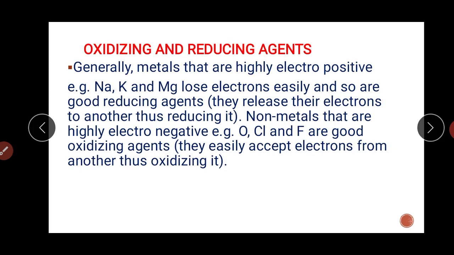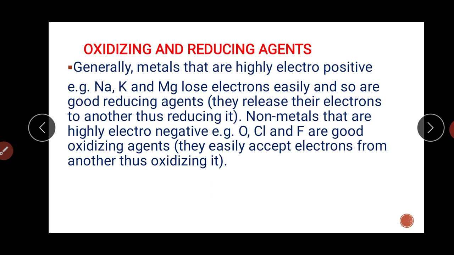Now, let's look at the conclusion aspect of it, which is that generally metals are highly electropositive, like sodium, potassium, and magnesium. They lose electrons easily, so they are good reducing agents. Any material that loses electrons easily is a good reducing agent. That is, they release their electrons to another, thus reducing it.